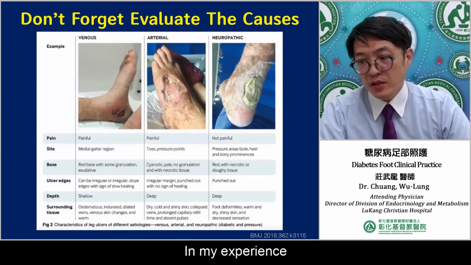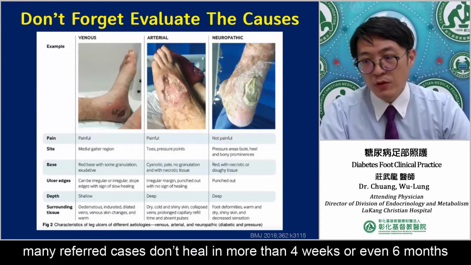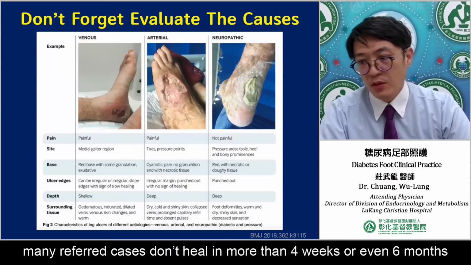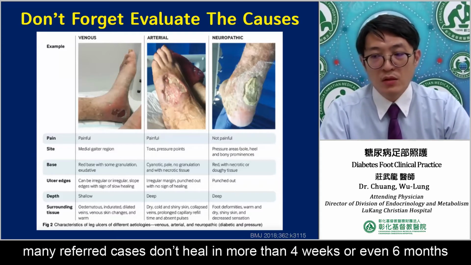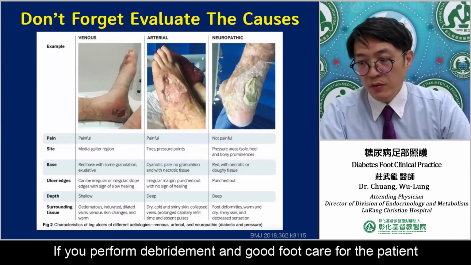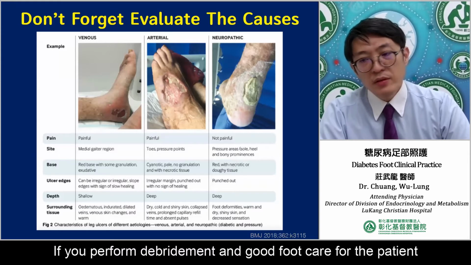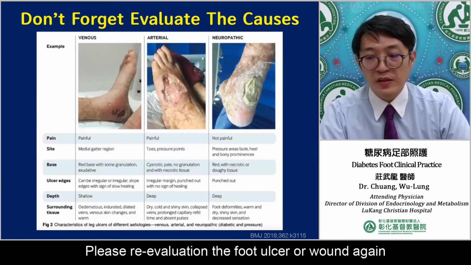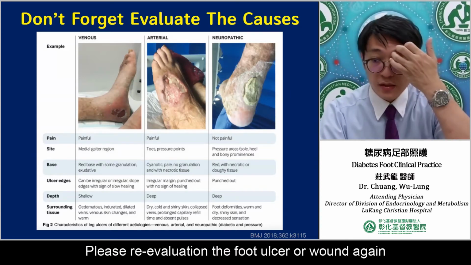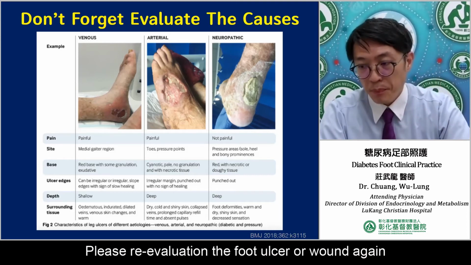In my experience, many referred cases don't heal after more than 4 weeks or even 6 months. If you perform debridement and good foot care for the patient, but the wound didn't heal or improve much, please re-evaluate the foot ulcer or wound again.